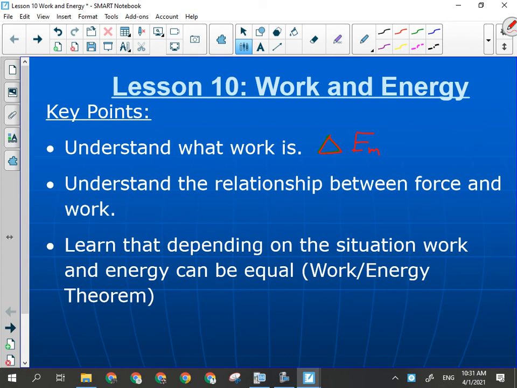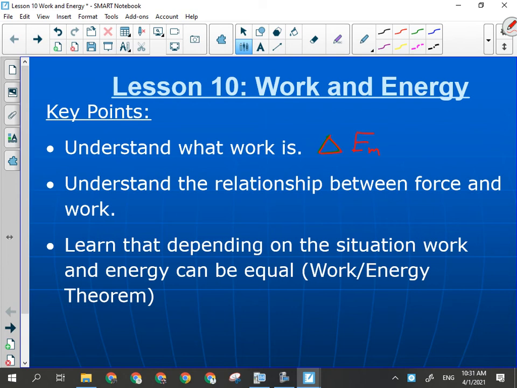If I do work on something, I will either change its potential energy by raising it above the ground, or I will change its kinetic energy by making it go faster, or I will change its elastic potential energy by changing its shape and having it have the ability to rebound back to its original shape, like compressing or stretching a spring or drawing a bow, okay, or something like that.